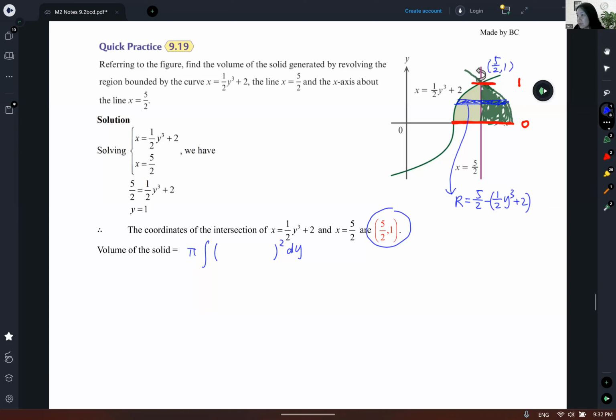That you use the purple minus green, not the green minus purple. It's the same if you use the green, because after squaring it's the same, but technically it's purple minus green. So I'm putting in this part: 5 over 2 minus 1 over 2 y cubed minus 2, from bottom to the top.